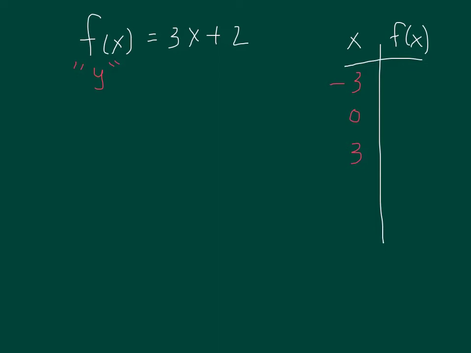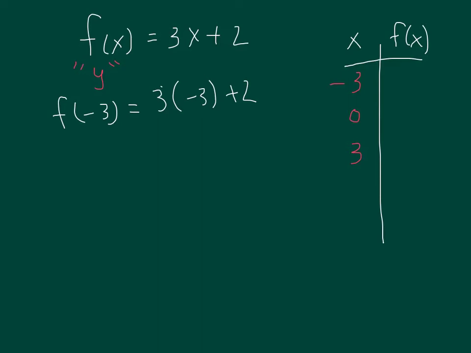So for our first problem, I'm going to take a look at the value of x being -3. So I'm going to write f of -3 equals 3 times -3 plus 2. Okay. Continuing along, we're going to say that that's -9 plus 2, or -7.